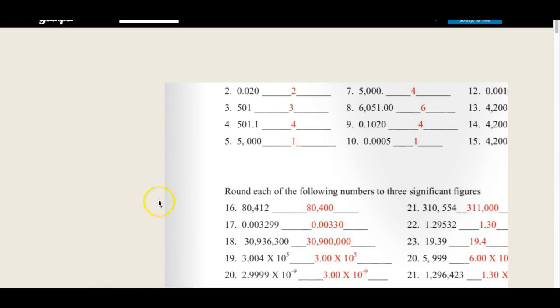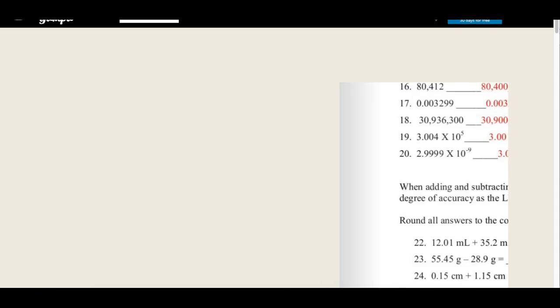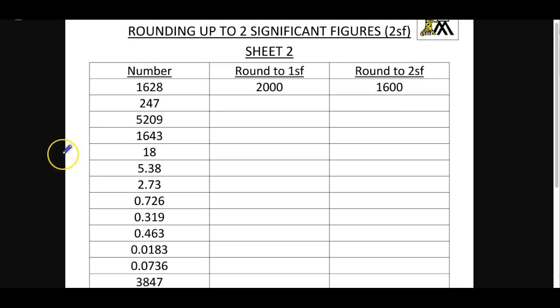All right, oh, stop moving. Just looking at this worksheet here, we've got some rounding to 1 significant figure and 2 significant figures, and you can see how dramatically different, just in the first example, these can be depending on how many significant figures you have to do it to.